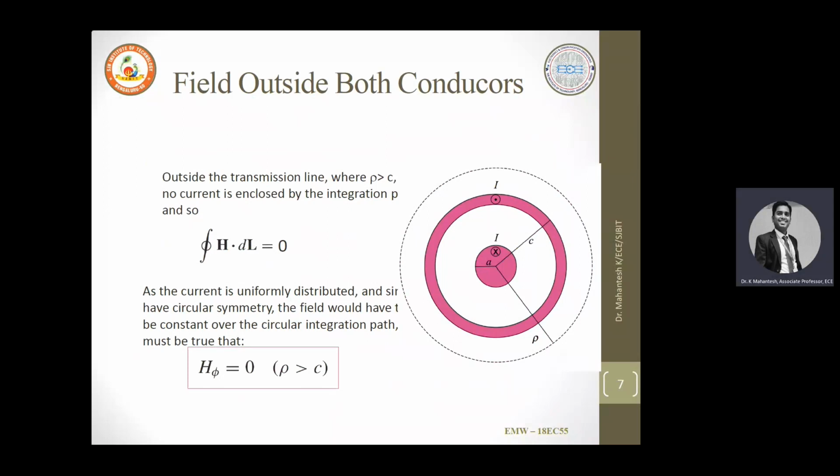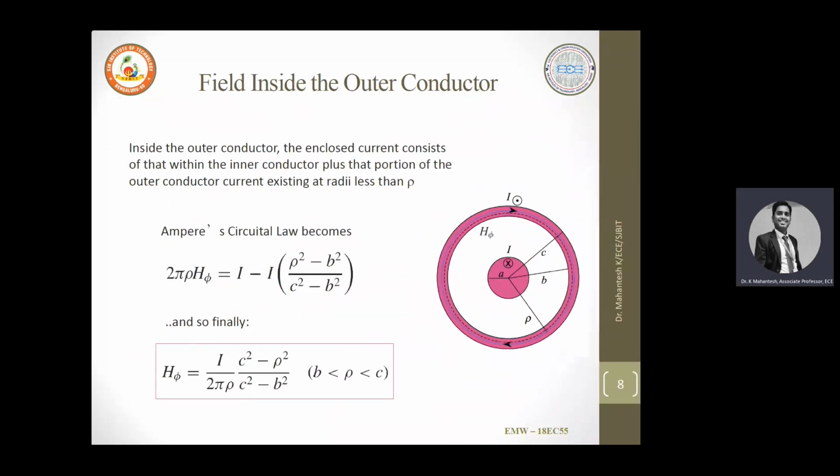Now inside the outer conductor, when the Amperian path is between the radii b and c, we obtain the equation for magnetic field in terms of the difference c square minus b square. H phi is equal to I over 2 pi rho times c square minus rho square over c square minus b square, when rho lies between b and c.